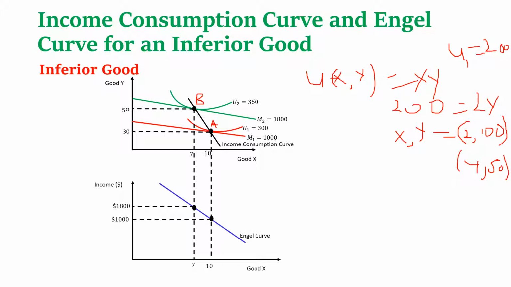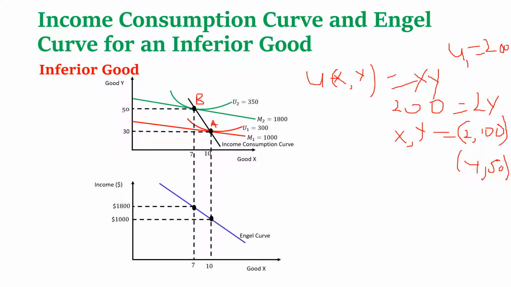If the income of the consumer increases, what happens here? The consumer is going to be on a higher indifference curve. He has experienced an increase in his purchasing power. But look at what happens here. This is so strange. We should expect an increase in, let's say, the demand for the good when your income increases.